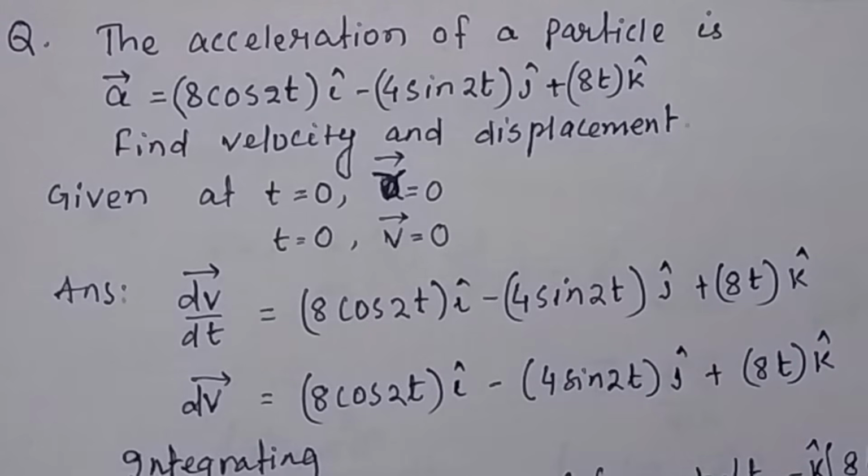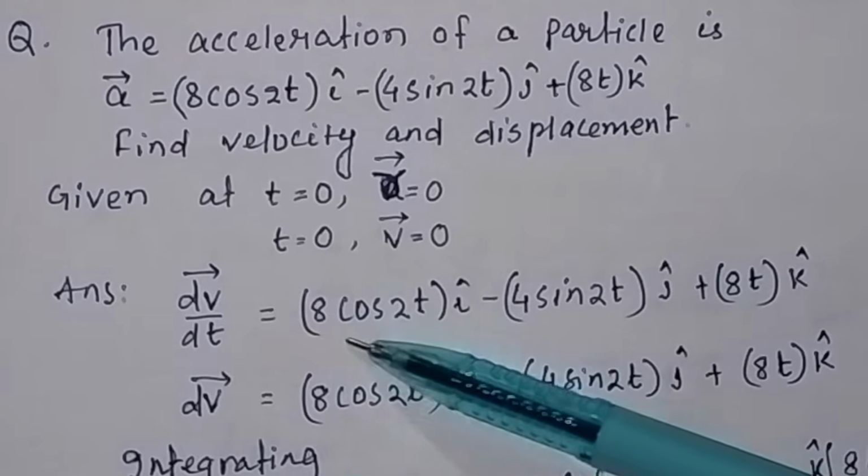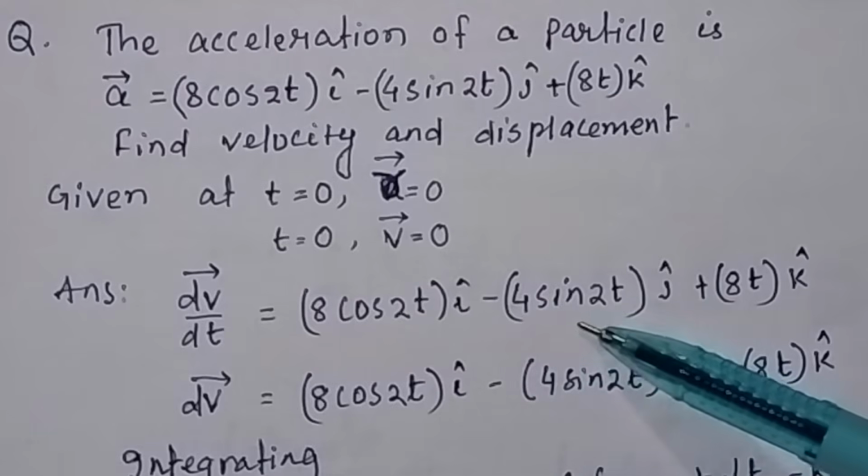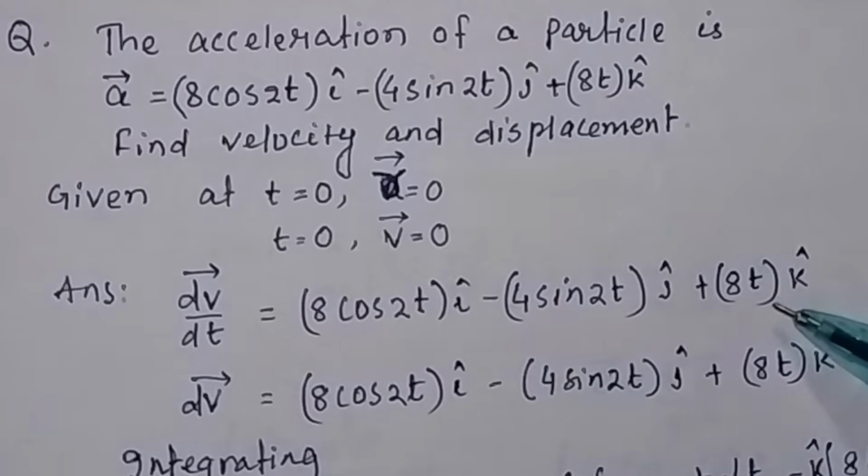I have told you how to find the ordinary integral of a vector function. First you have to identify the vector function. So the vector function is this one: 8 cos 2t i cap − 4 sin 2t j cap + 8t k cap. This is your vector function.